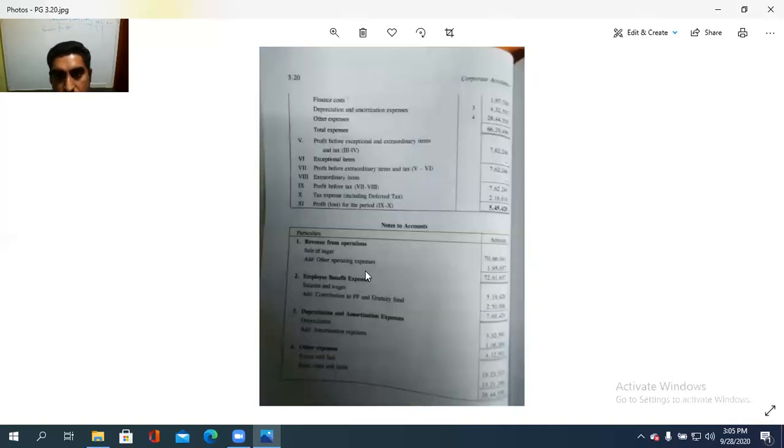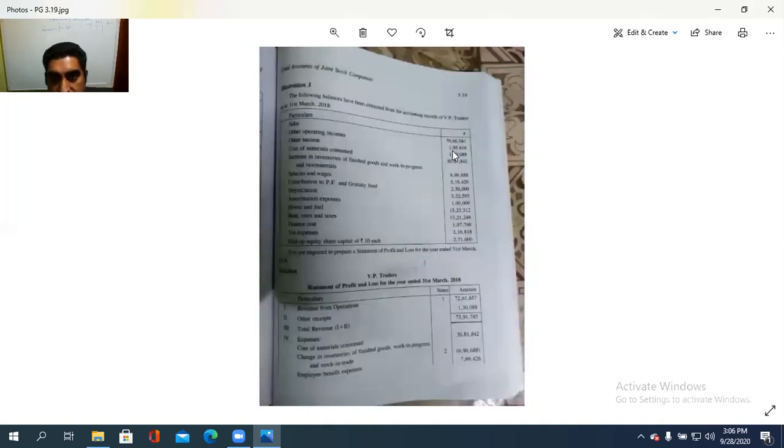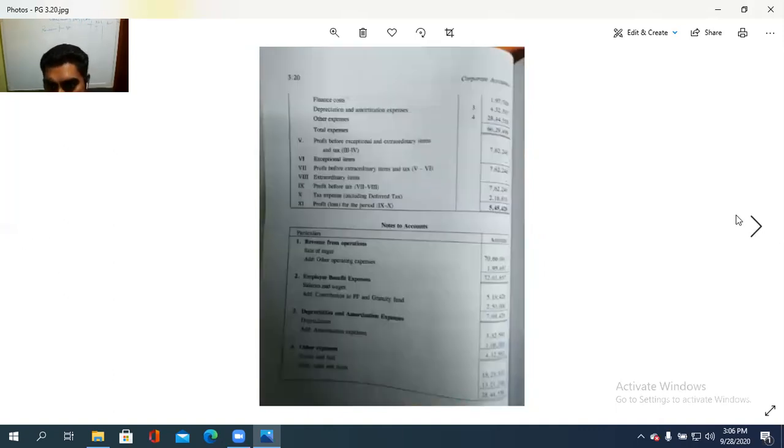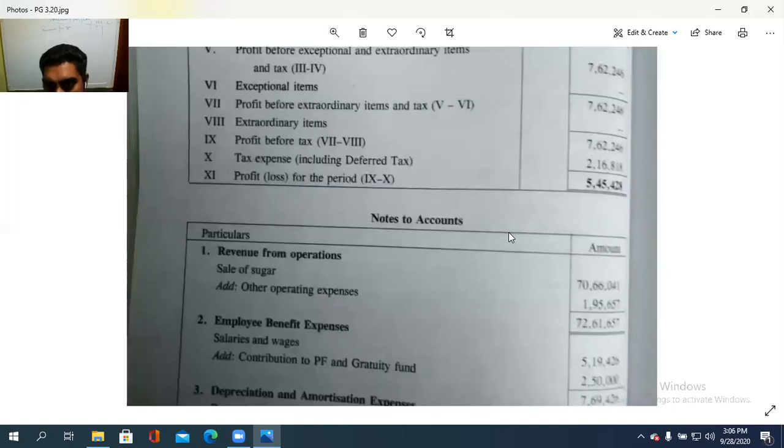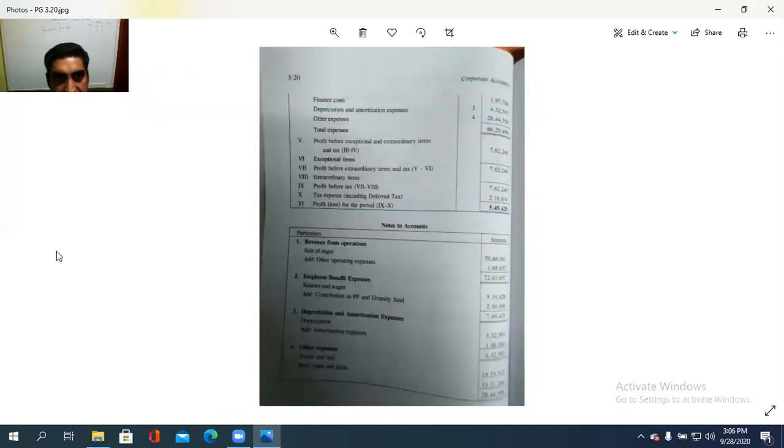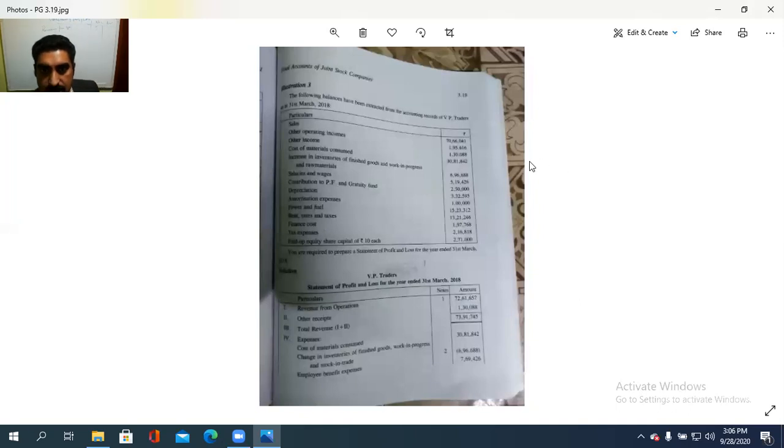See, revenue from operation, sale of sugar 70,66,041, and other operating income 195,657, isn't it? The 657 is coming here, not 616. Okay, there is a simple error.